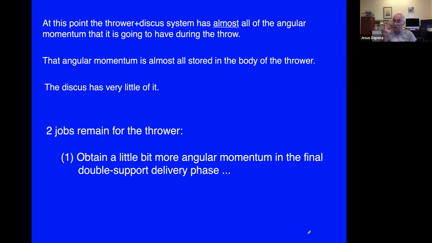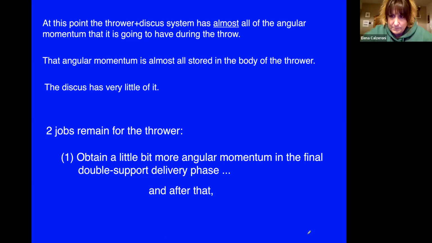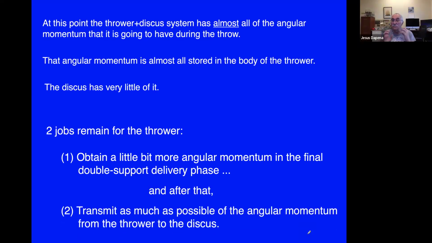The thrower has two jobs left to do. One of them is to obtain a little bit more angular momentum in the final double support delivery. It's a small amount, but you want it. And after that, you want to transmit as much as possible of the angular momentum from the thrower to the discus. So you have almost all of your angular momentum.